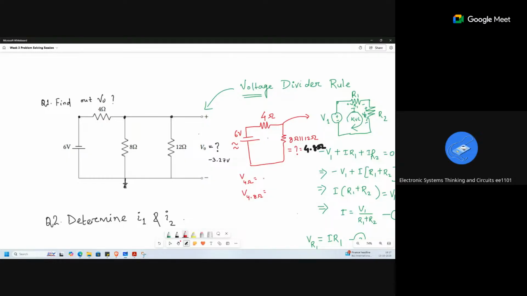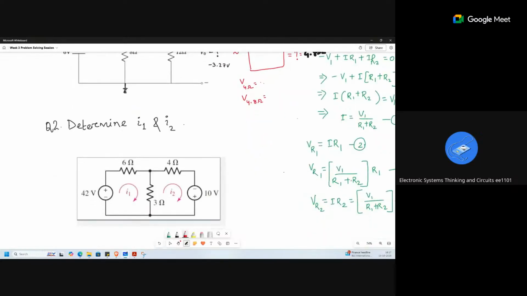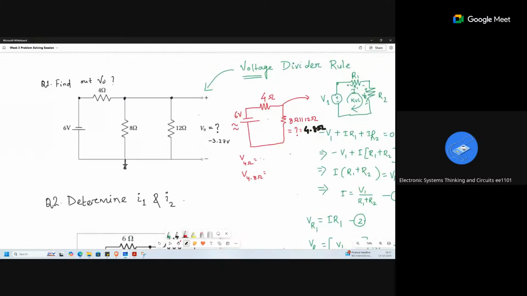So how did you apply this formula? V equals IR. No, I asked you to apply this formula. Okay, this formula.